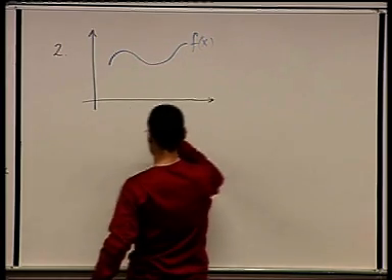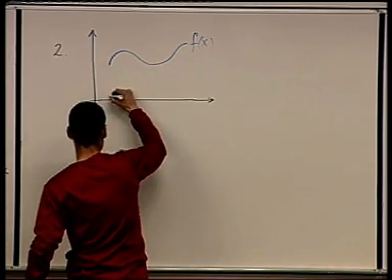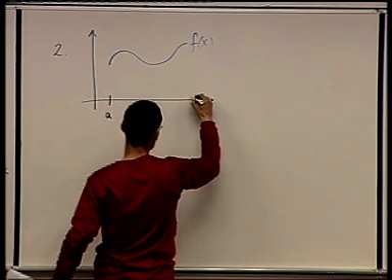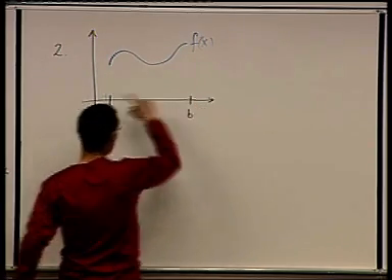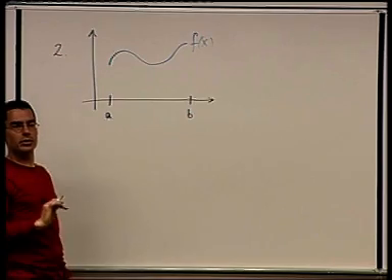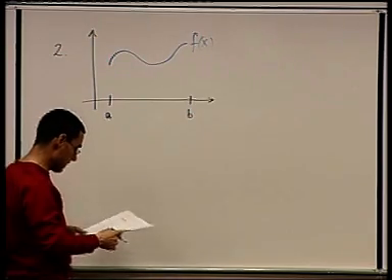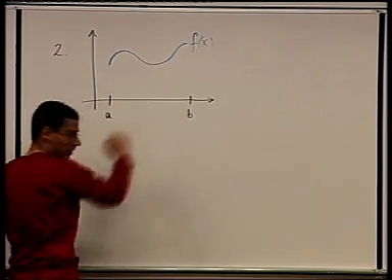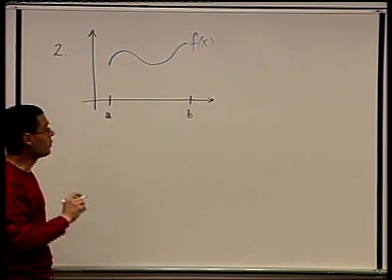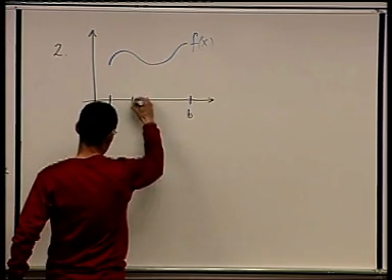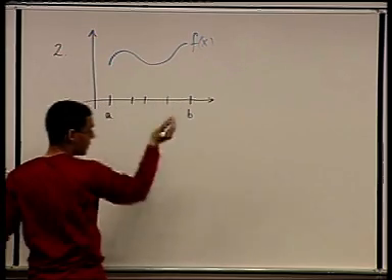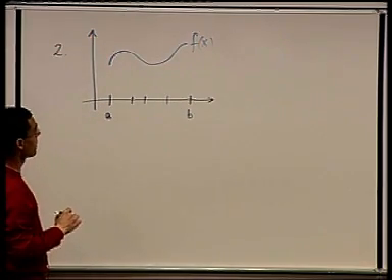Here's A, here's B, and we want the length of the curve, not the area under the graph, the length of the curve. So we're going to do a partition of the interval AB. Here's a partition, just any partition.